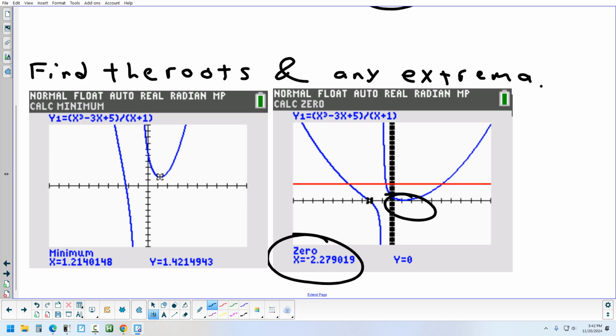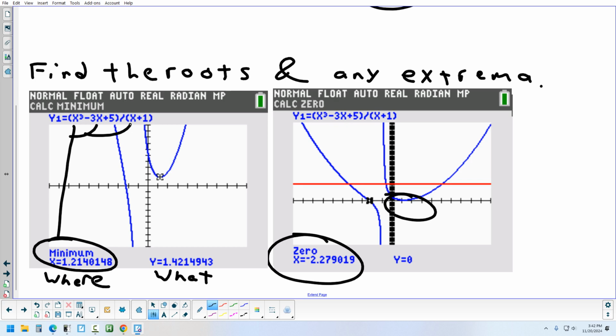Just to make sure we know what each number means, the x is where the minimum is, and the y is what the minimum is. So if you plug in 1.21 for each of those x's, you will get 1.42.